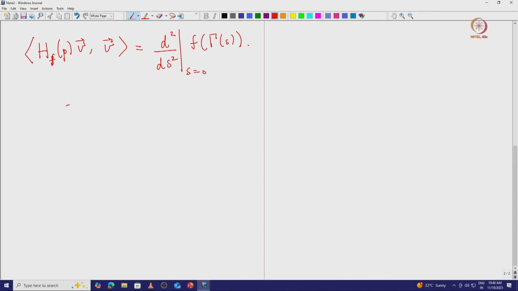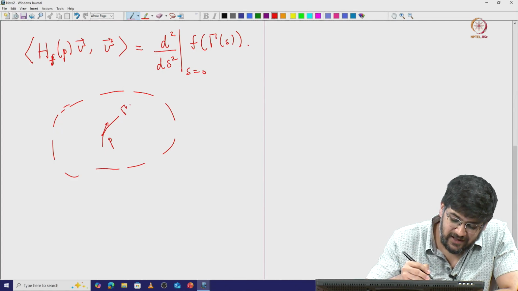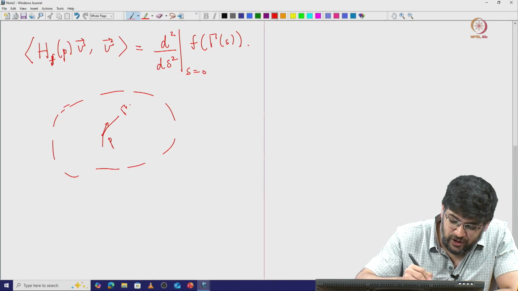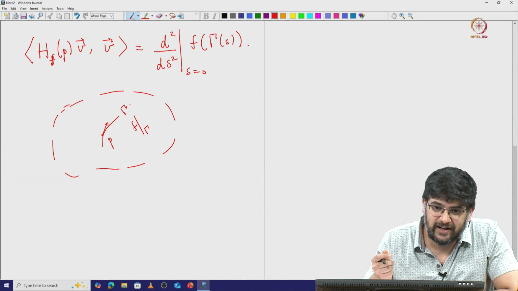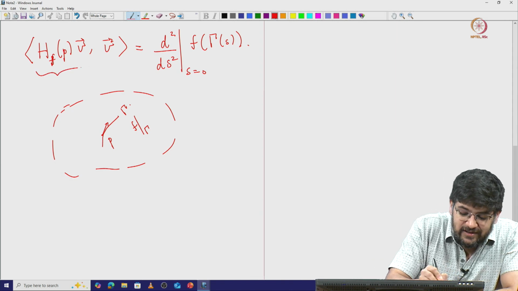The idea is that you have your P and your vector, you take a curve Gamma passing through P with that as the initial velocity vector, you restrict your function to this curve Gamma and compute its second derivative, and that is precisely this.